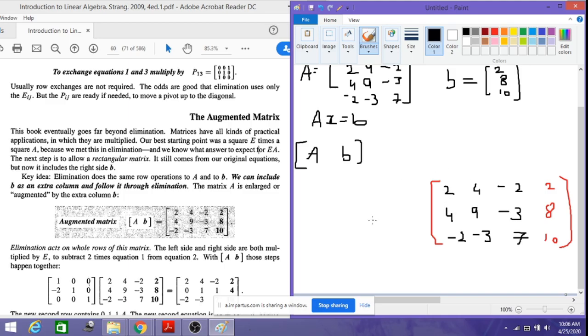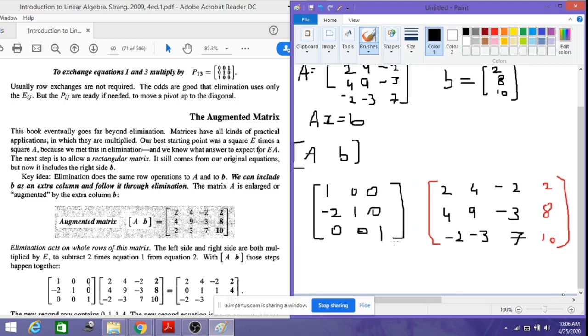The multiplier value is 2. So the identity matrix, which remains the same 3 by 3 matrix, is modified to be an elimination matrix by adding 2 at the second row, first column. So 0 0 1.